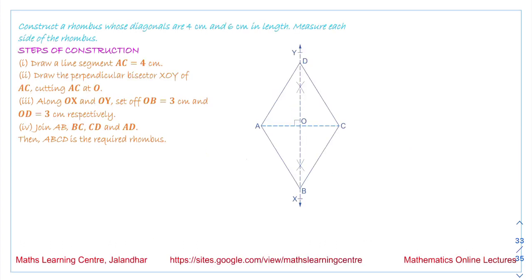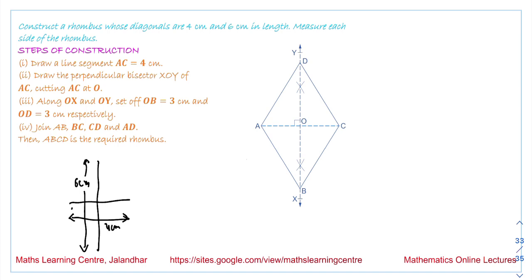Next we have to construct the rhombus whose diagonals are 4 centimeters and 6 centimeters in length. So first of all we roughly draw this rhombus. We say the diagonals are 4 centimeters and 6 centimeters. This length is 4 centimeters, and this length is 6 centimeters.